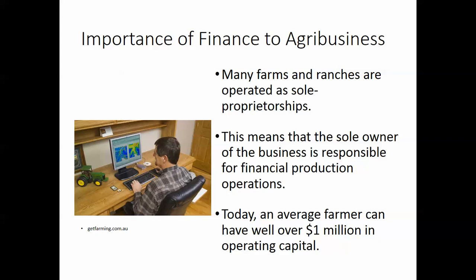If you're a corn producer, you borrow money for seed, fertilizer, fuel, repairs to machinery, and so it doesn't take long before you could easily be borrowing up to $700-800 an acre in today's world. You farm 1,000 acres of corn, that's $800,000 right there. So most individual farmers do not have that type of capital available to them in their own savings, so they're going to go ahead and borrow from a bank or other lending institution.